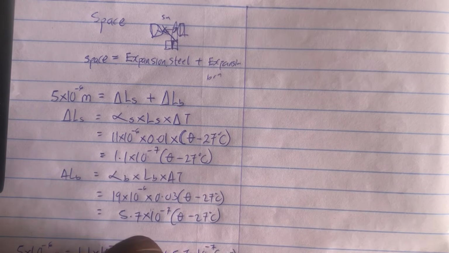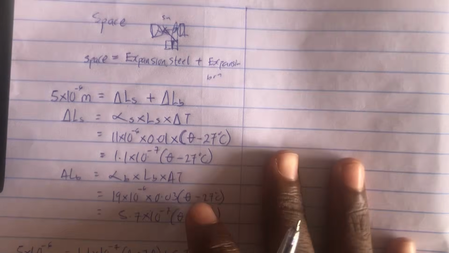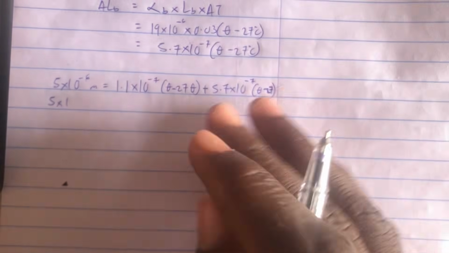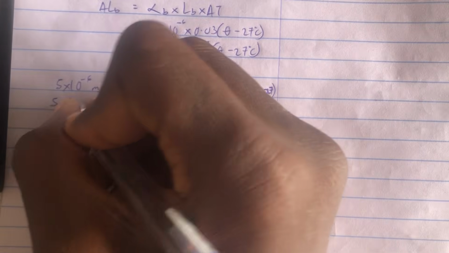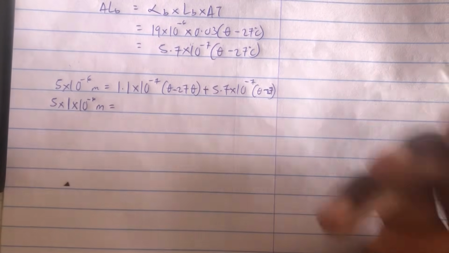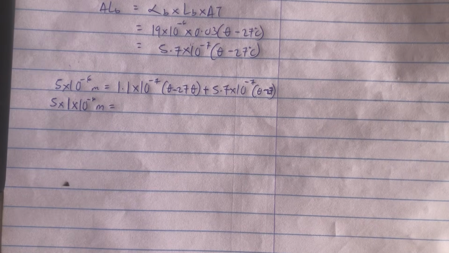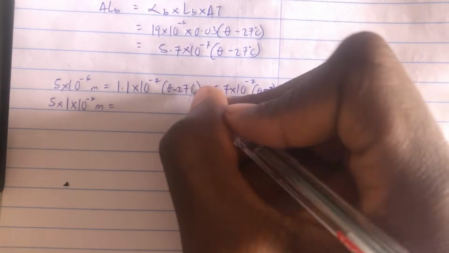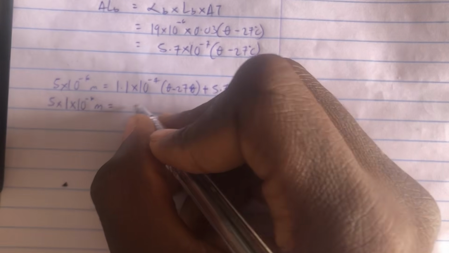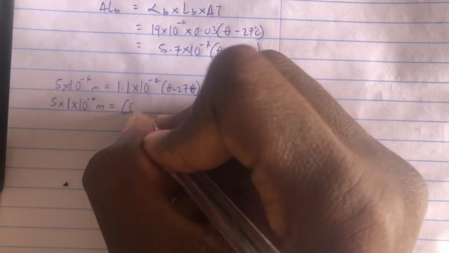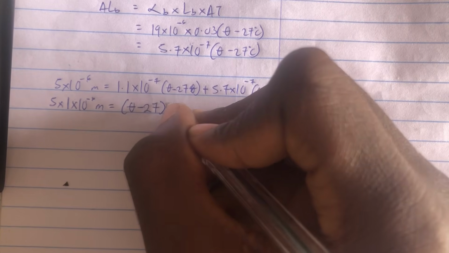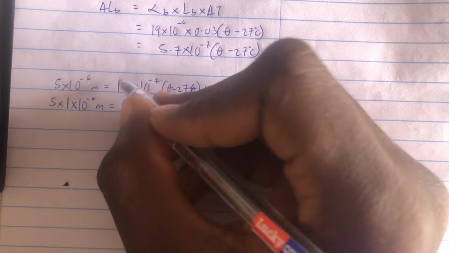So what can we do here? We can say 5 times 10 raised to the power minus 6 meter is equal to, we can just factor out theta minus 27 degrees Celsius from the whole of this equation.